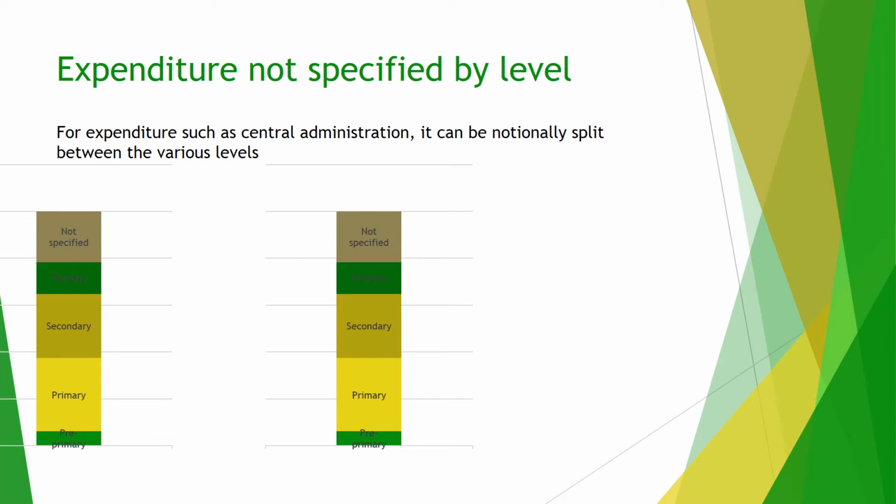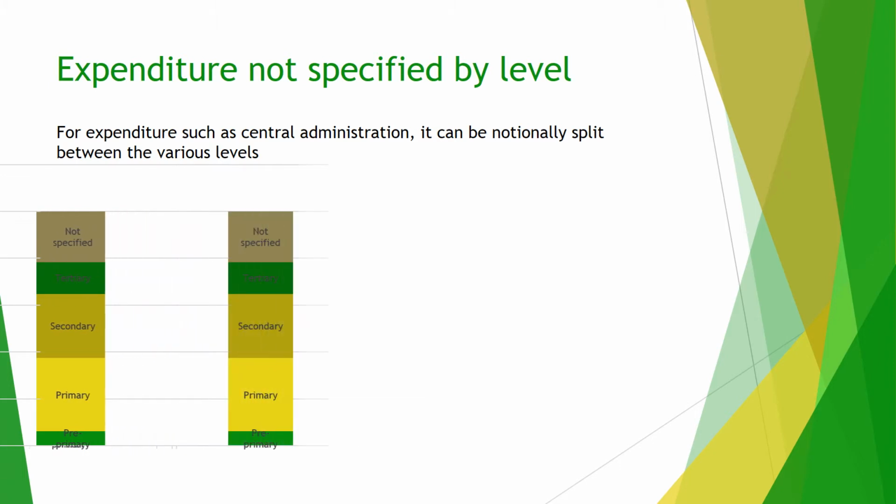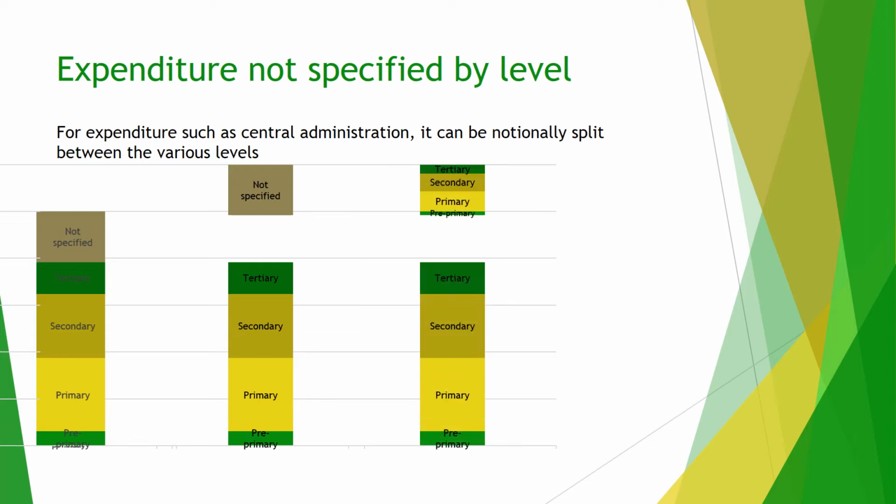So what we do is that we make estimates and we notionally associate those expenditures to the various education levels. We separate this section of non-specified expenditures, and we allocate to them the same share that we witness in the expenditures that we have been able to identify.